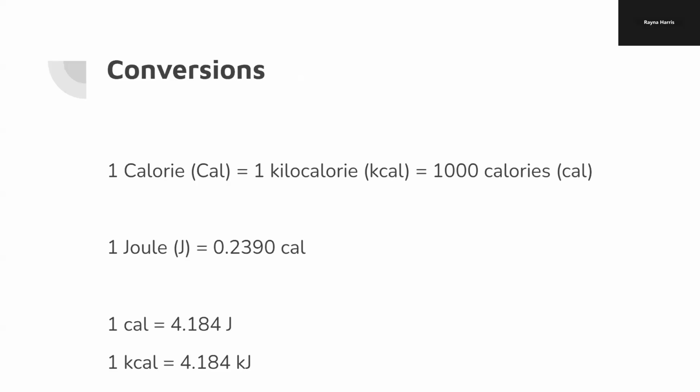And 1 joule is equivalent to 0.2390 calories. And then again, if you're converting back and forth between them, 1 calorie is equal to 4.184 joules. 1 kilocalorie is equal to 4.184 kilojoules.